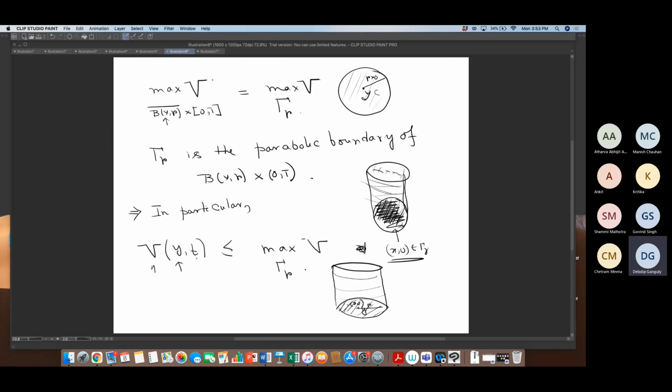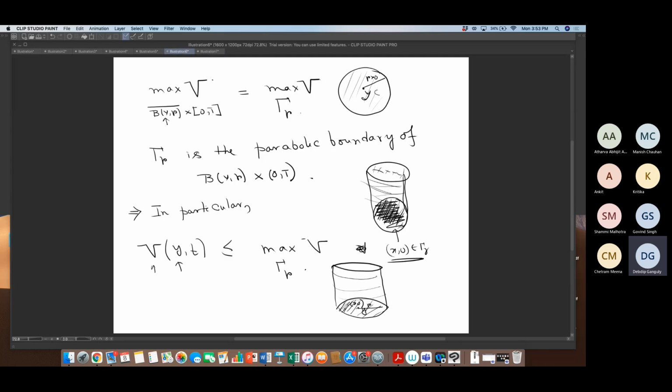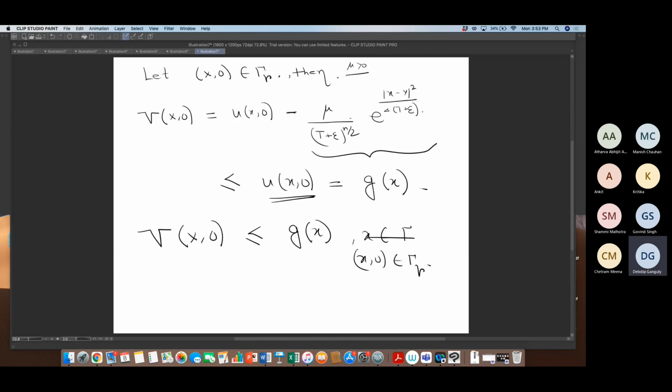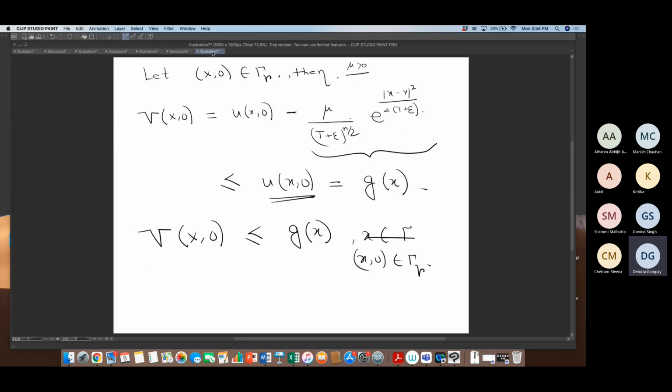You also know that V at the point y, t is less than this, and V of x0 is less than this. So when the point is here, V(x) is always less than g(x). Now let us see what V satisfies when the point is at the boundary of gamma r. This is very interesting.